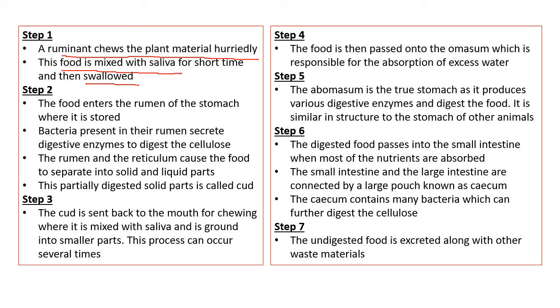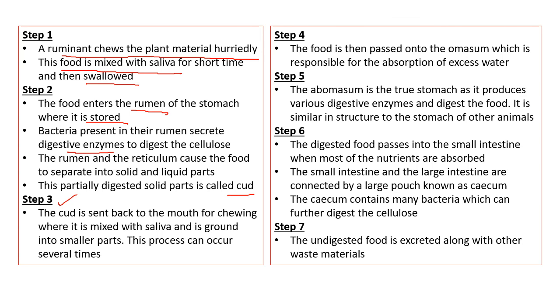Now in step 2, that food goes to the rumen and is stored. In the rumen, a little bit of digestion starts because the rumen has some digestive enzymes. But it will not digest completely because the food was not chewed properly. That partially digested food is called cud, and in step 3 that will be brought back to the mouth for chewing purpose.